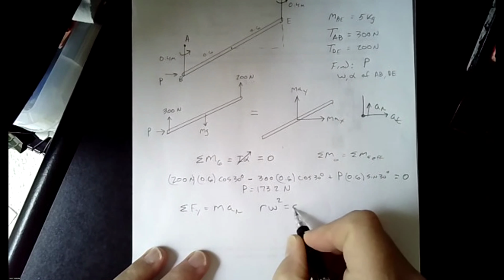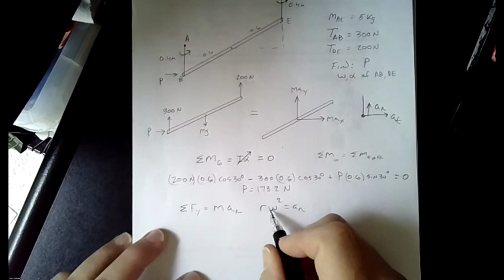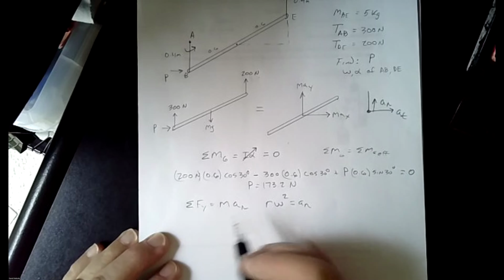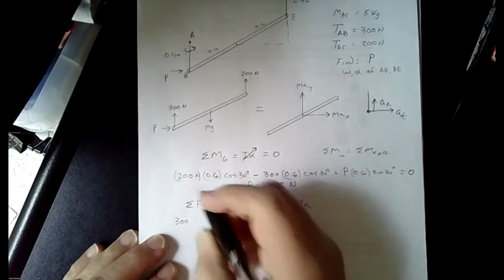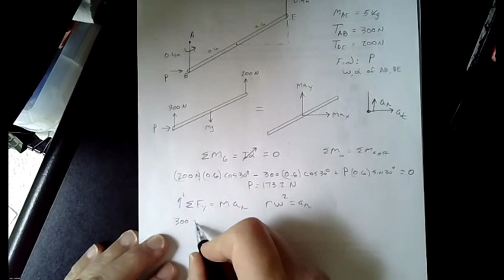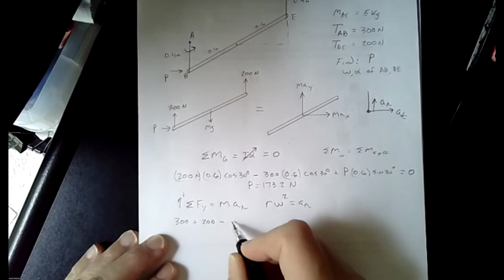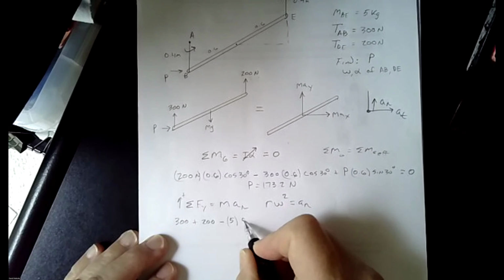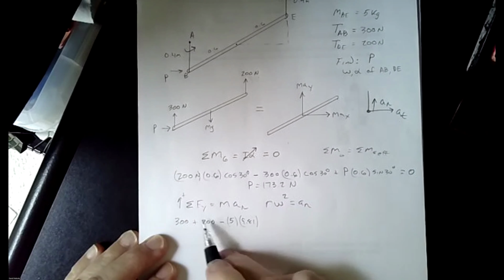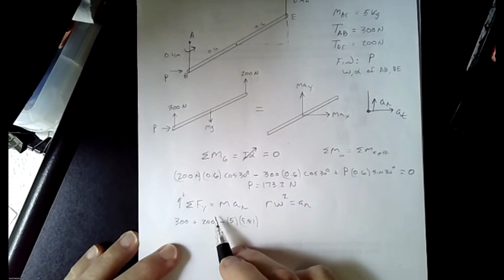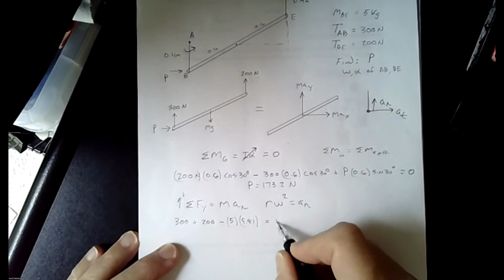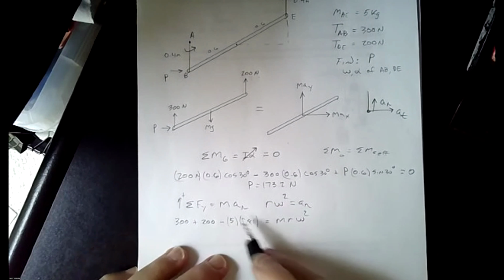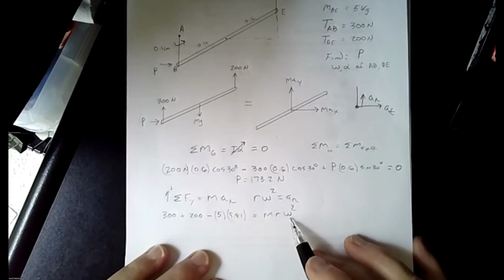That's a normal, right? So if we go ahead and set that up, sum the forces in the y, what do we have? We have 300, making this positive, plus 200 minus 5 times 9.81. Those are all the forces in the y. And then that whole thing just equals m r omega squared.